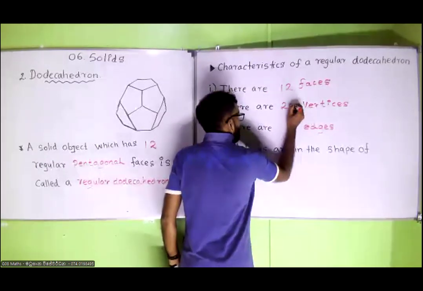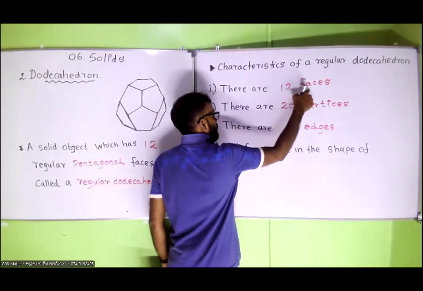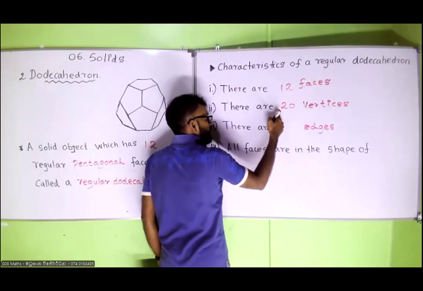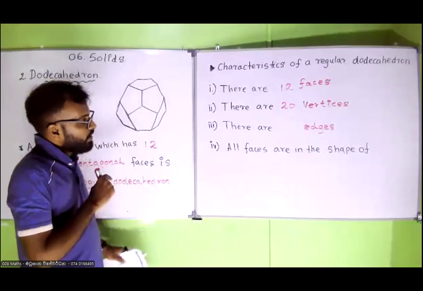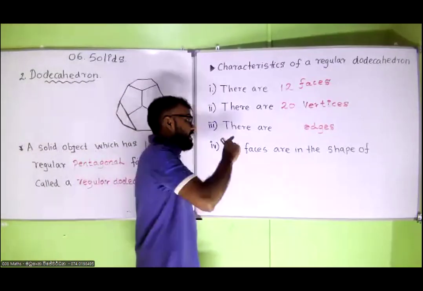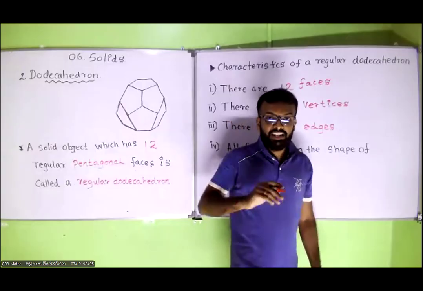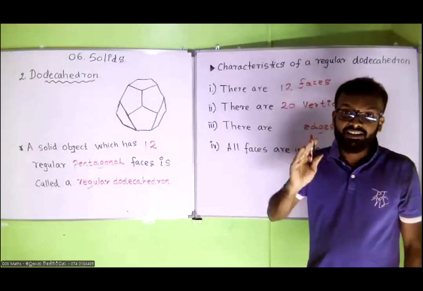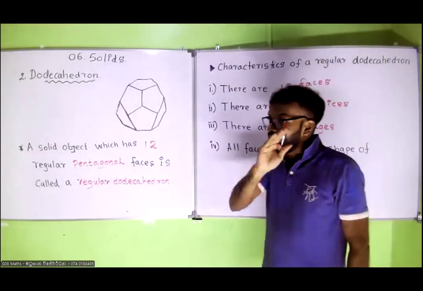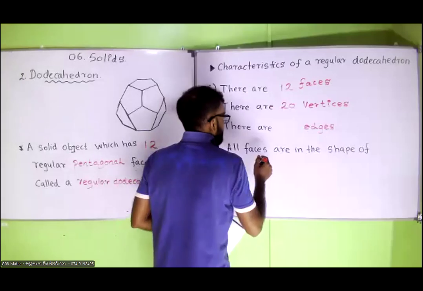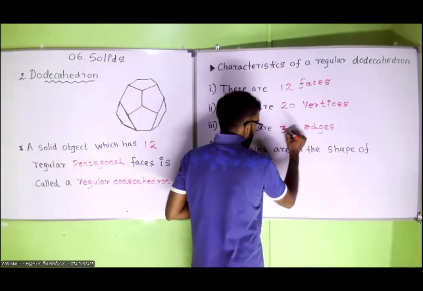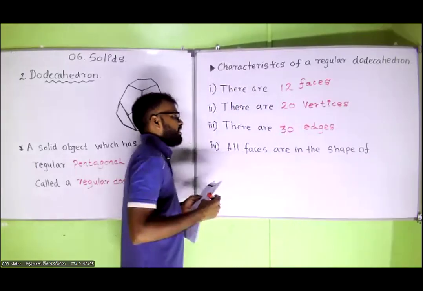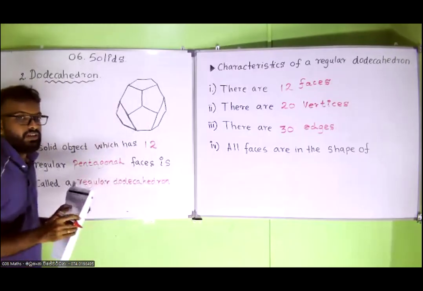Very easy to remember: 12 faces, 2 comes here, 20 vertices for a dodecahedron. And then how many edges? Very interesting, there are 30 edges. Please write it.